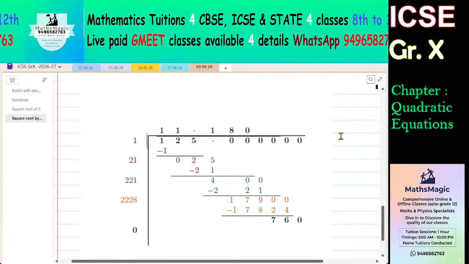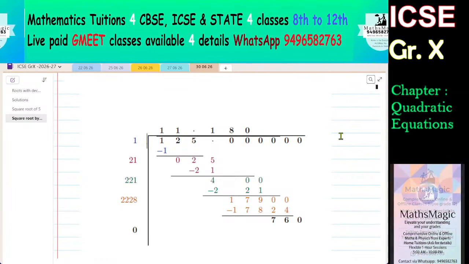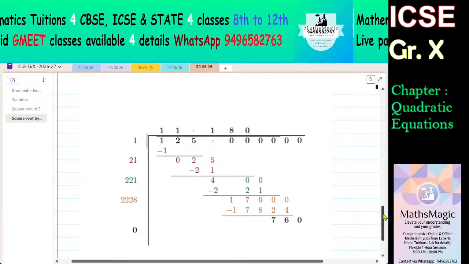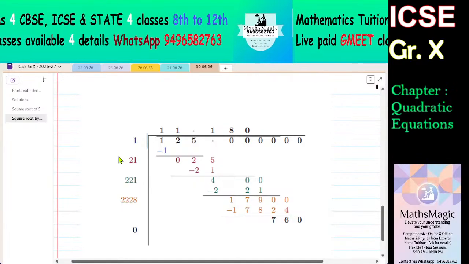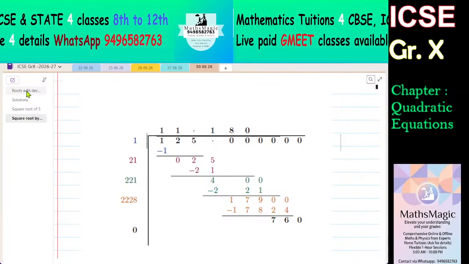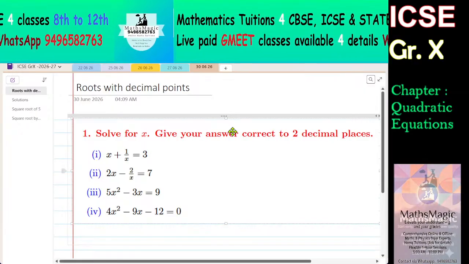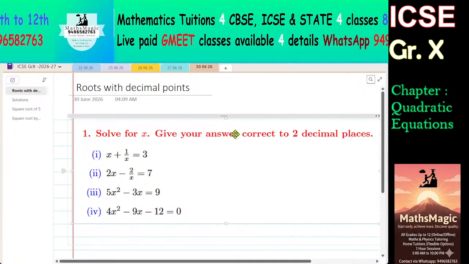Just follow the color scheme. You can easily understand. Okay. So now we have to move on to the questions. These are the questions. You need to solve these questions.